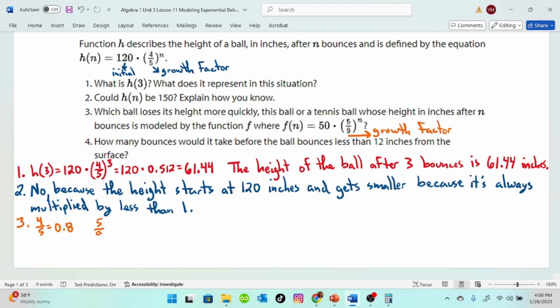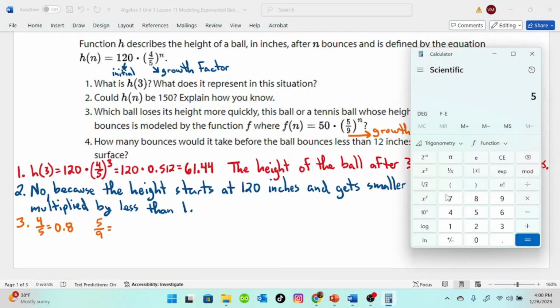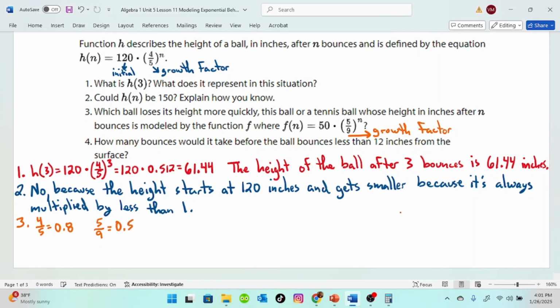Now we need to see what 5 over 9 equals. 5 divided by 9 equals 0.5. We'll round at 6. So 0.56.